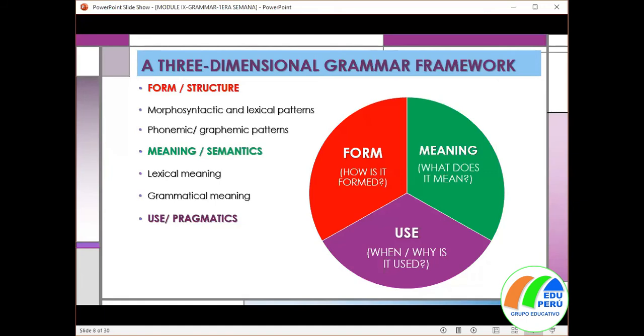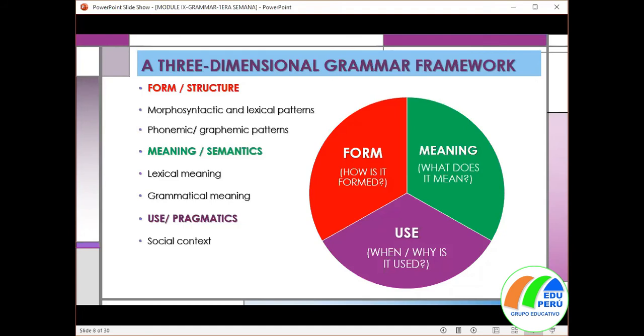It has a grammatical meaning. What is the meaning of this ed? Past. You are talking about past. So notice this is the grammatical meaning. So when we talk about meaning, we're going to analyze these two, the lexical meaning and the grammatical meaning.